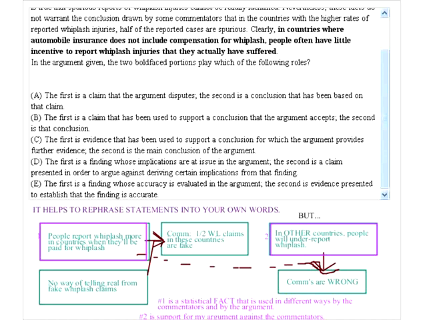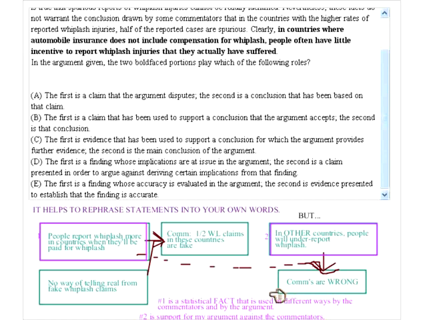So if you go through these choices looking for statements that are similar to these, then, okay, the first is a claim that the argument disputes. It doesn't. I mean, this is taken as fact by me and by the other person. It's a fact that's used by both of us. Next, a claim that's used to support a conclusion that the argument accepts. Well, not really. It's a claim that is mostly used to advance the commentators' claim, which we are absolutely rejecting.